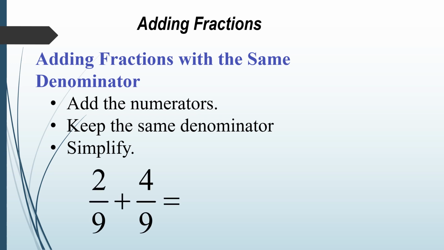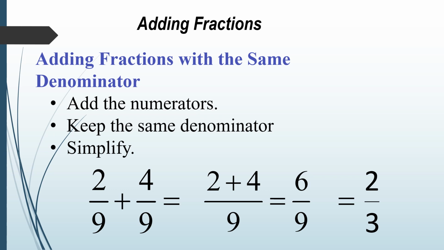All we do is copy the denominator, since they already have the same denominator or are similar fractions, then add the numerators. So 2 plus 4 over 9 equals 6 over 9. In simplest form or lowest terms, it becomes 2 over 3. Why? We simplify by 3: 6 divided by 3 is 2, 9 divided by 3 is 3. So 2/3 is the lowest term. Okay? So that's it for adding fractions with the same denominator or similar fractions.